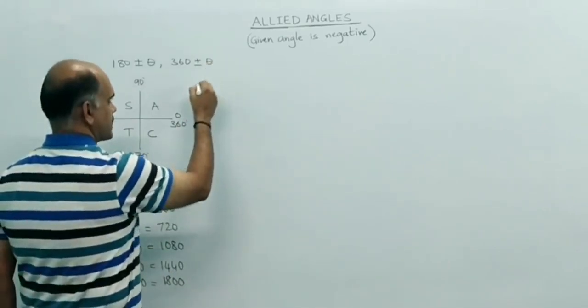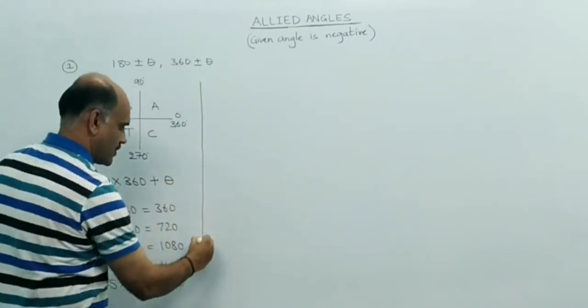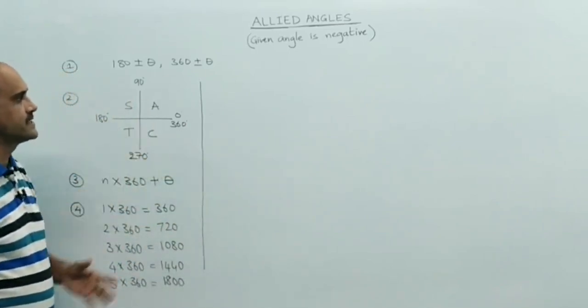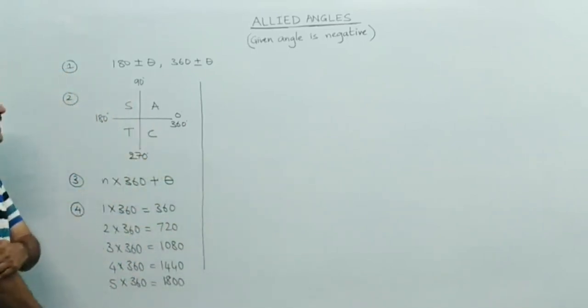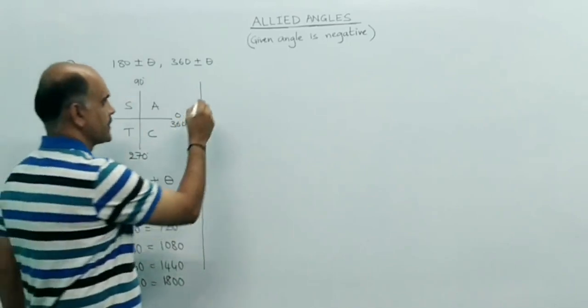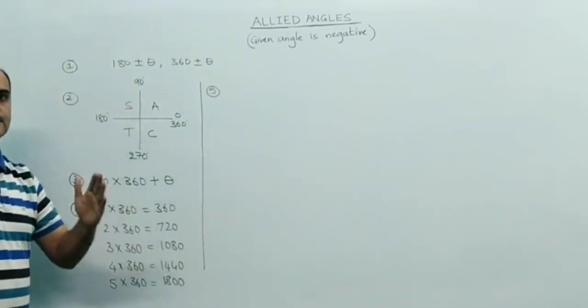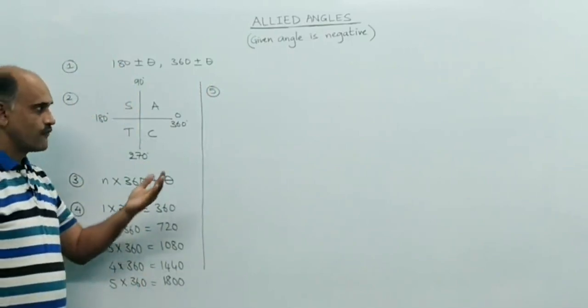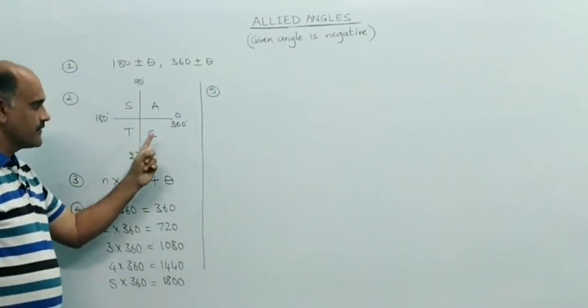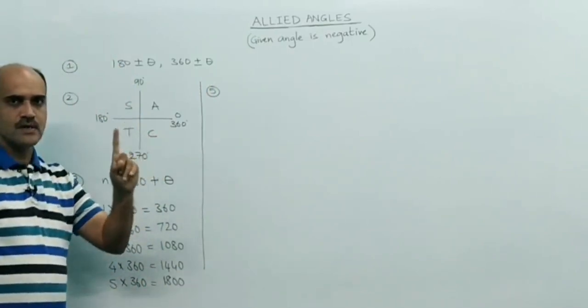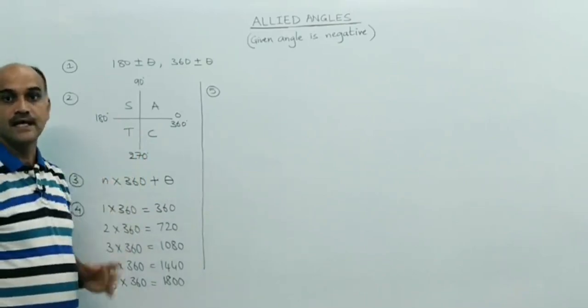Now, if the given angle is negative, you just remember this. If it is negative, you may think of it as fourth quadrant. If the function is cos or secant, that negative sign goes.